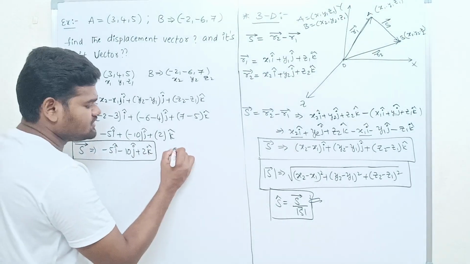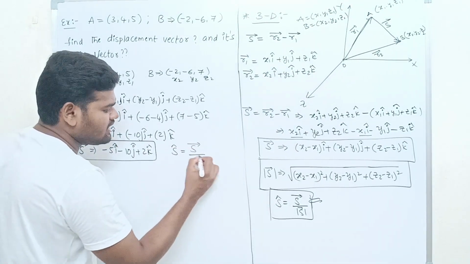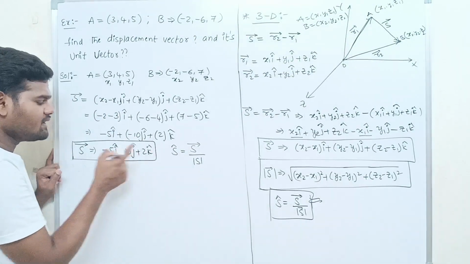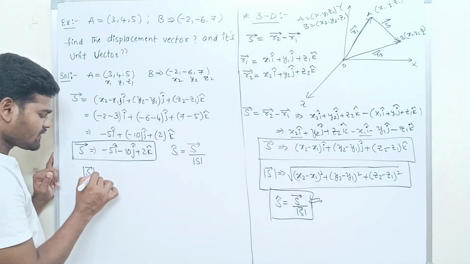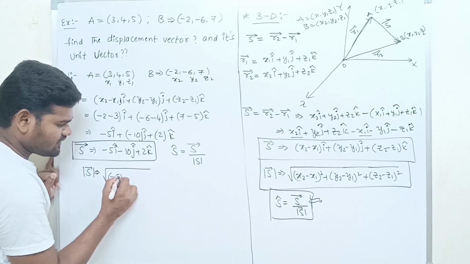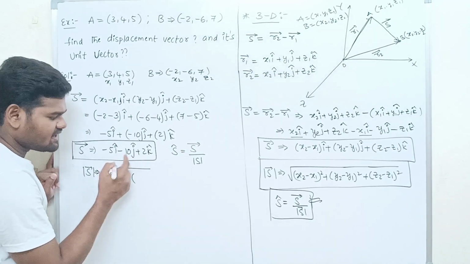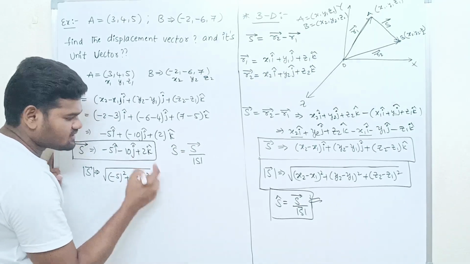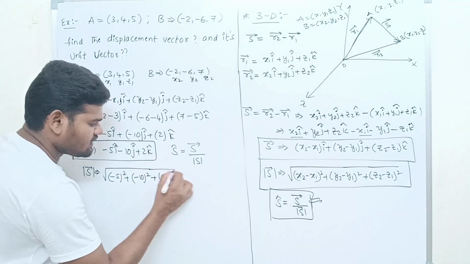Now what do we have to find? The unit vector. S cap is equal to S bar divided by the magnitude of S. So we have to find the magnitude of the displacement vector. That is the square root of the coefficient of i cap squared, (-5) squared, plus the coefficient of j cap squared, (-10) squared, plus the coefficient of k cap squared, 2 squared.